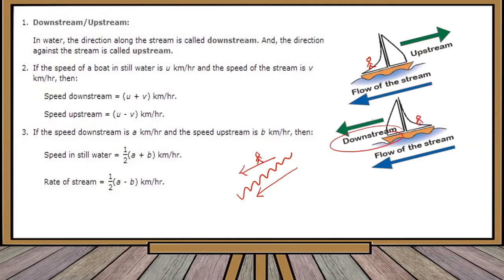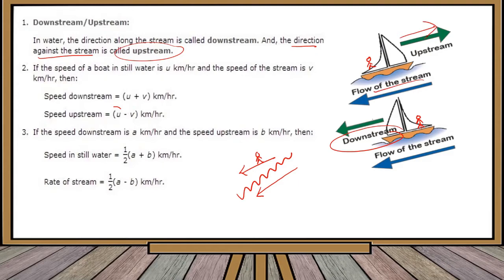That means when you are sitting in the boat, you're going with the speed of the water, with the flow of the stream, that is called downstream. Next, when you go against the direction of the stream, that is called upstream. That means the river is flowing down and you are going up, right? That means you are going against the stream. That is called upstream.